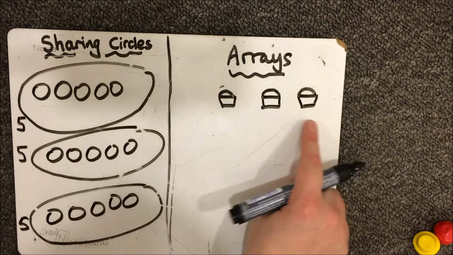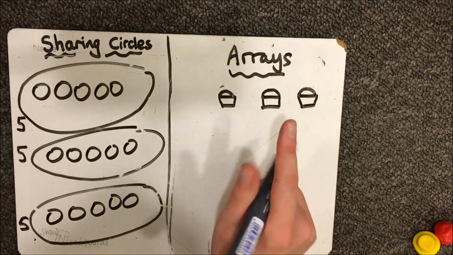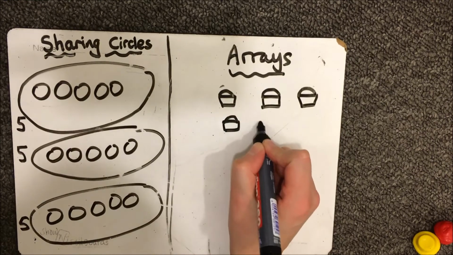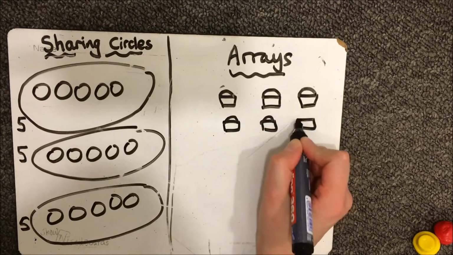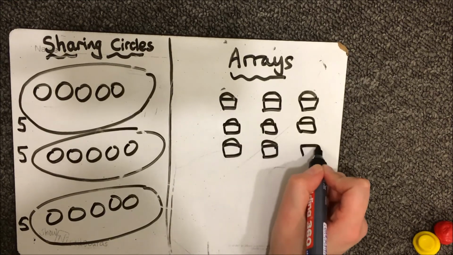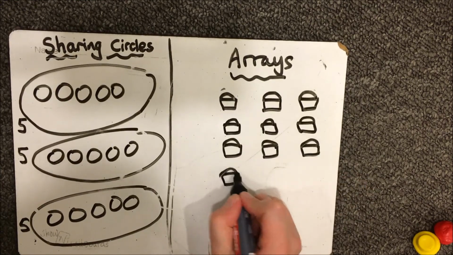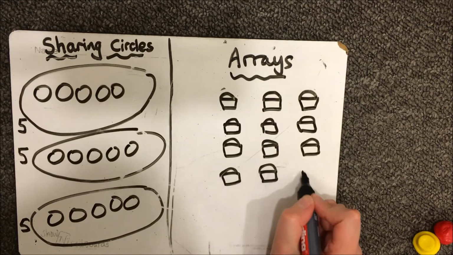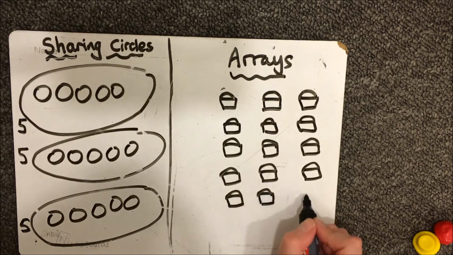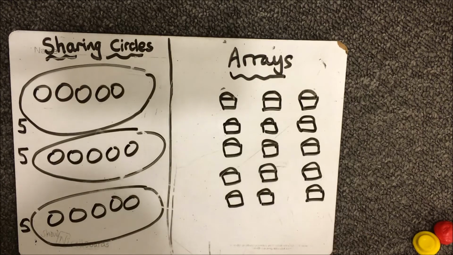So these are my 3 boxes and I need to share 15. So I've already got 1, 2, 3, 4, 5, 6, 7, 8, 9, 10, 11, 12, 13, 14, 15.